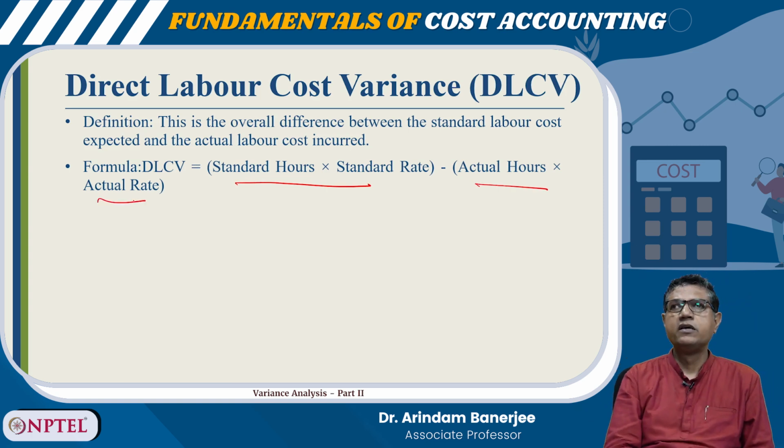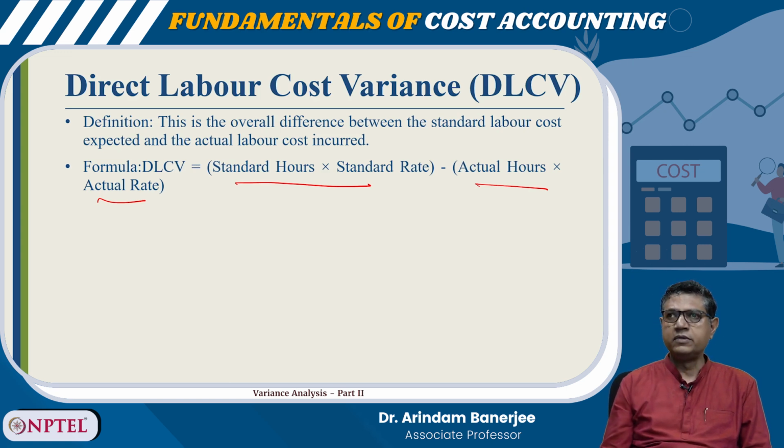This is my total direct labor cost variance. If the actual hours and actual rates are equal to standard hours and standard rates, then the variance will be 0.